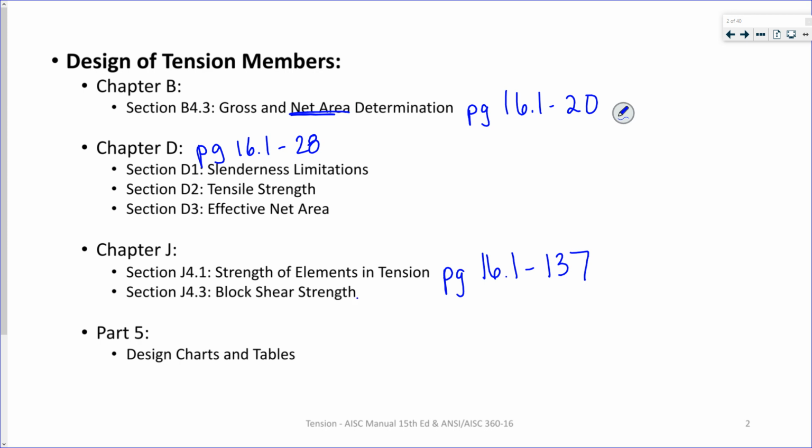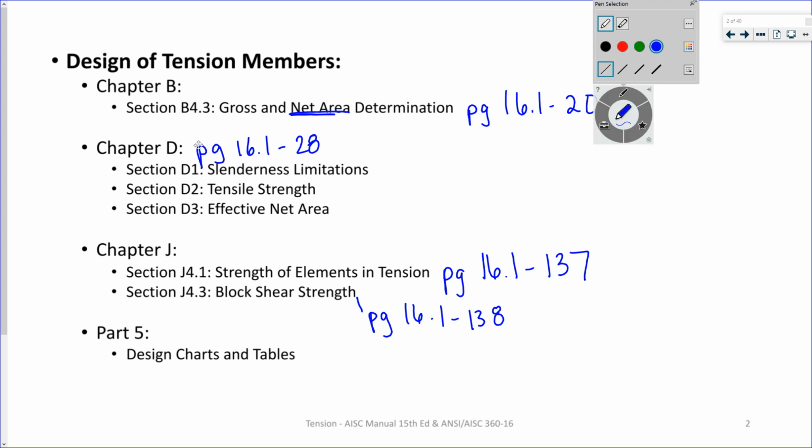And then the block shear is on the next page. Another thing that we will likely use, I'll talk about it in a minute, but chapter J is all about design of connections.